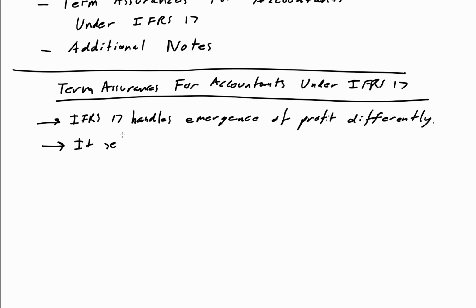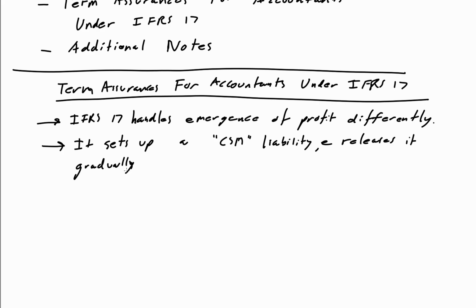It sets up a, in inverted commas, CSM or contractual service margin liability and releases it gradually over time.